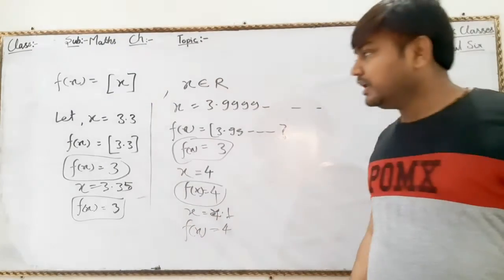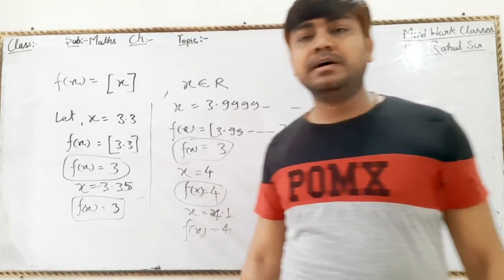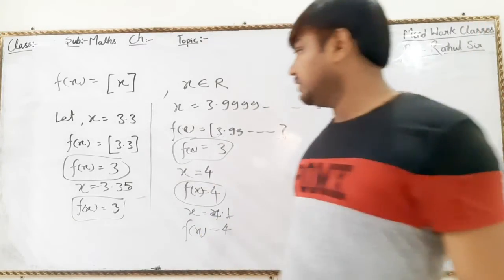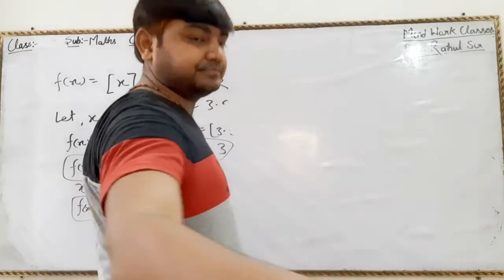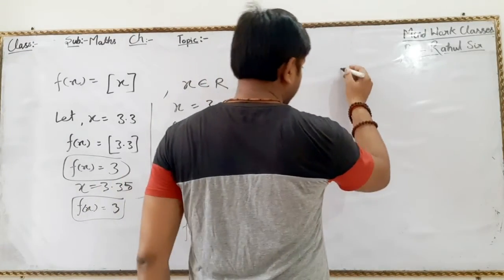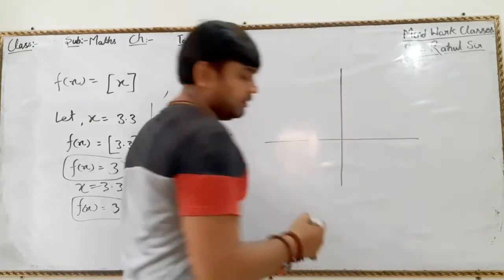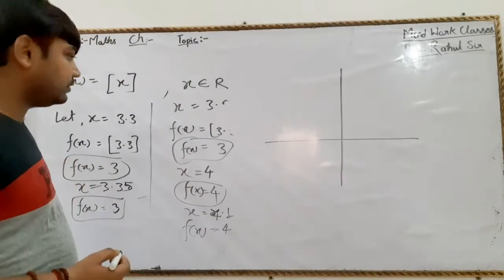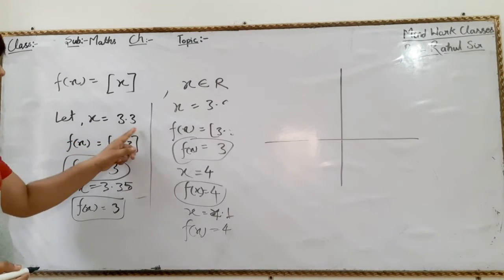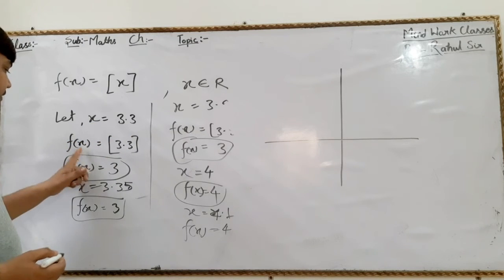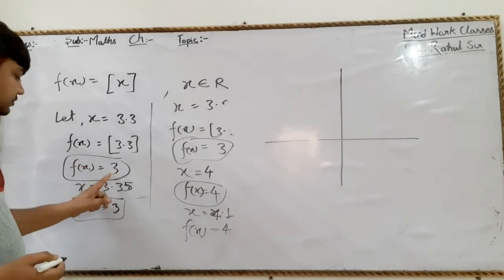Now, if you want to understand the graph of this function, please understand it. What I told you: if we put x equal to 3.3, then f(x) equals 3 only.